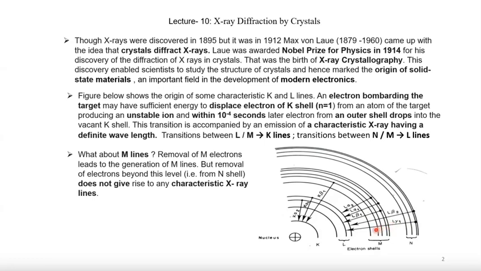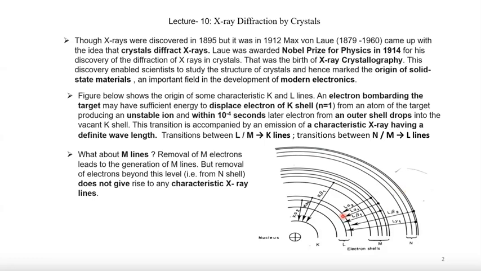Okay. What about the N lines? The removal of an electron from the N shell, when it fills up, we see that we do not get any characteristic X-ray lines. So therefore, we are not concerned about shells beyond N.